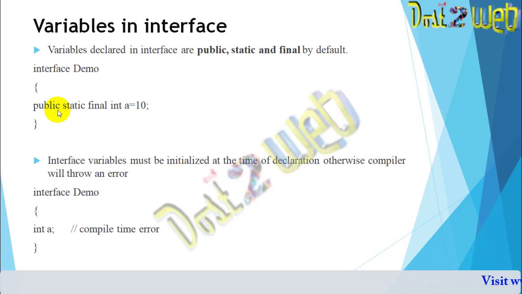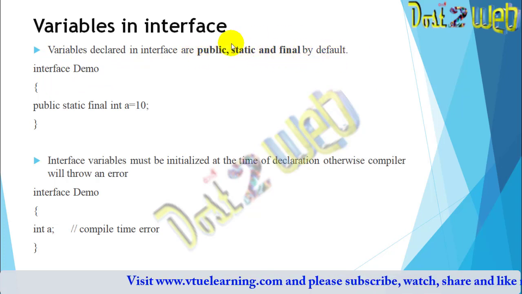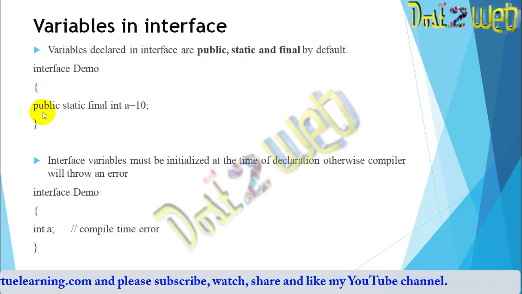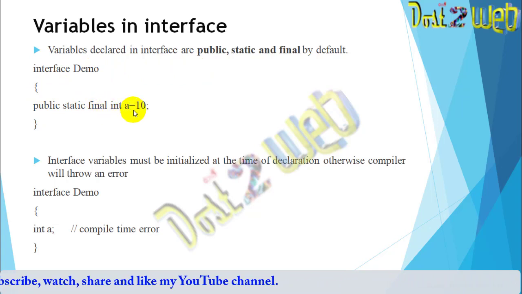Now variables. You know how to declare variables. If you want to declare a variable in an interface, variables declared in an interface are public, static and final by default. So you can write public static final int a = 10. Next I have written just int a.